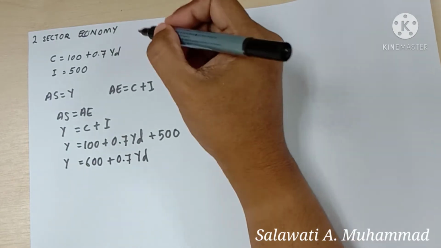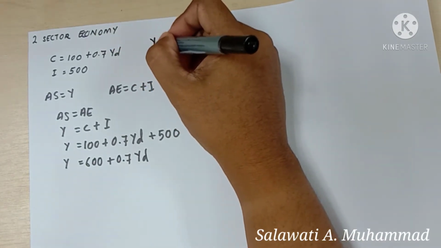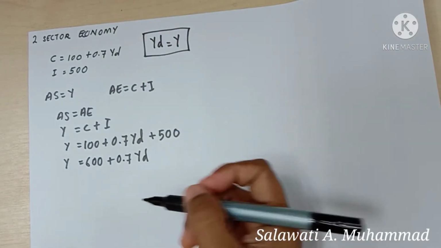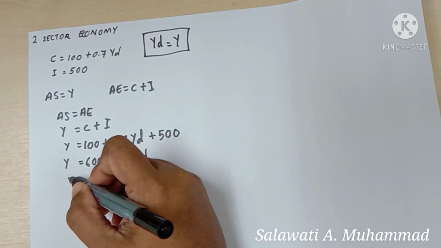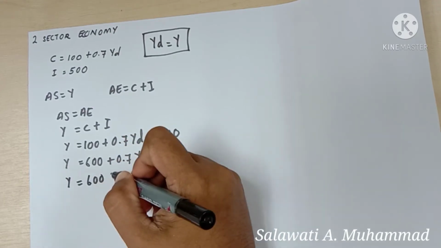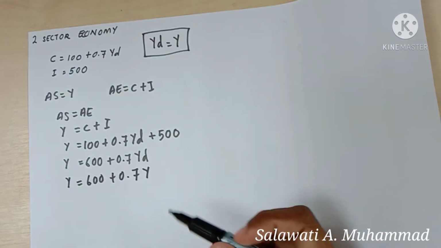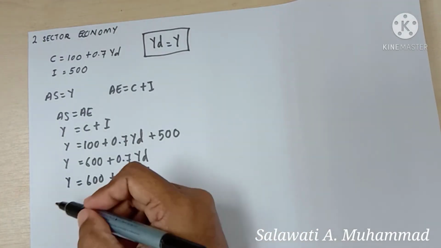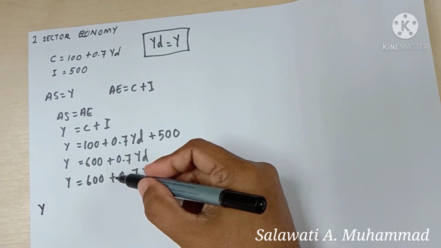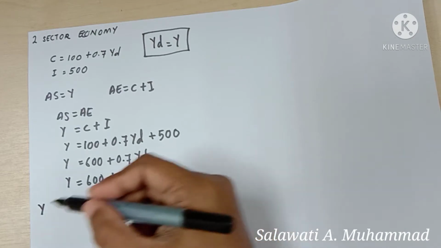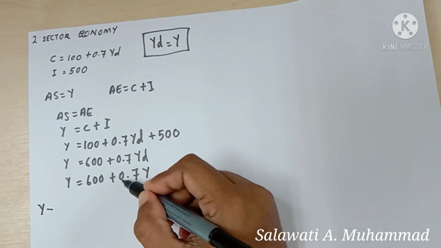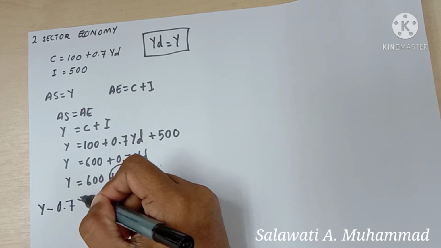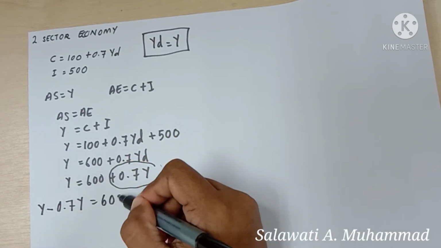You need to remember, in a two-sector economy only, YD is equal to Y. So this means Y equals 600 plus 0.7 Y. This amount we can move into this section, meaning Y, when this is plus, it will become minus.